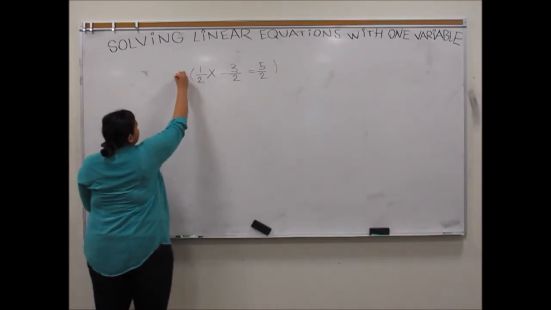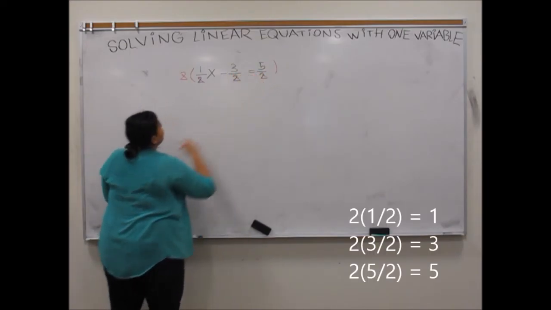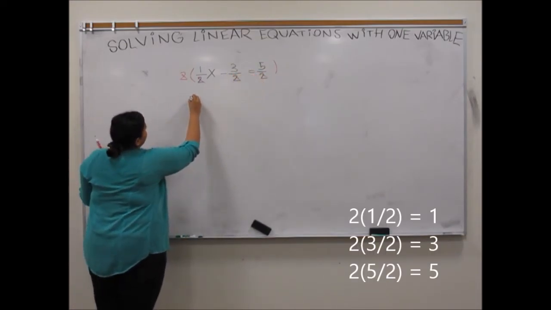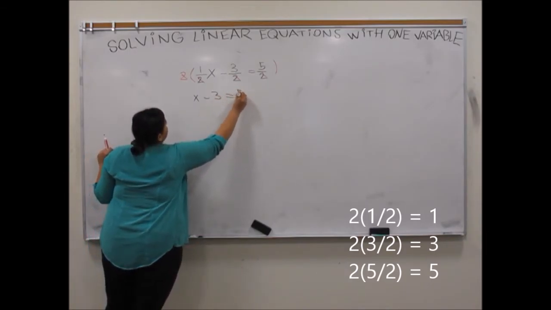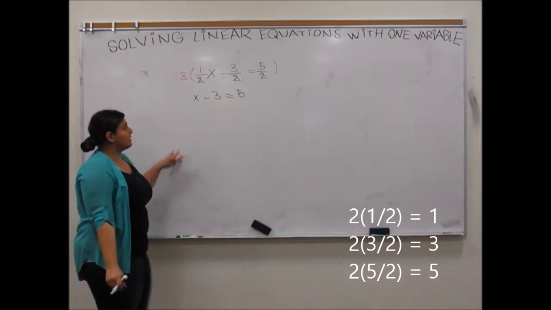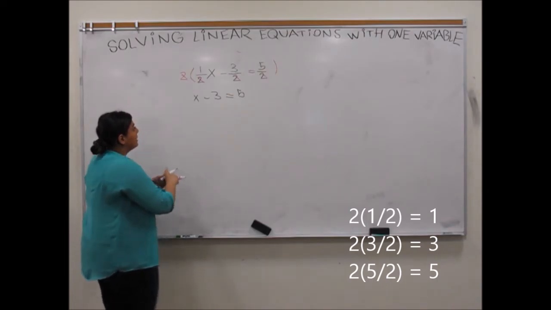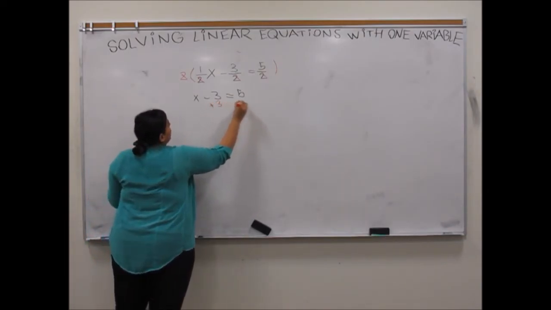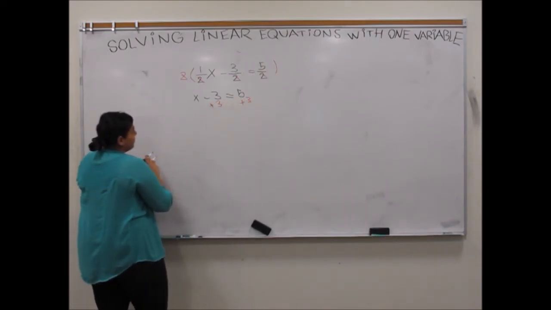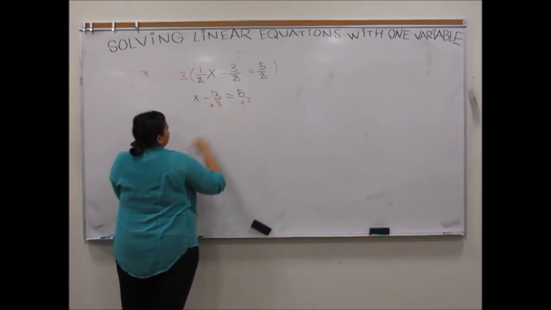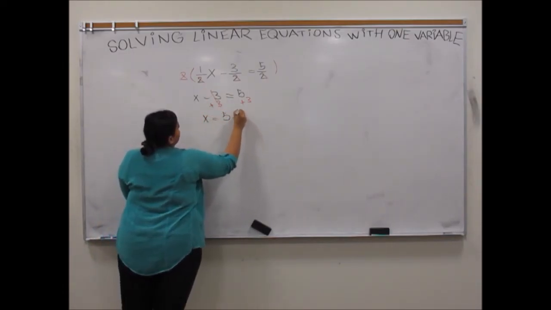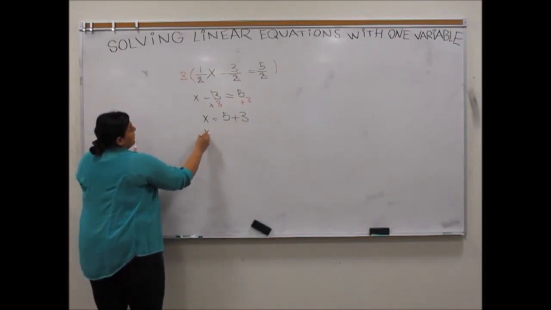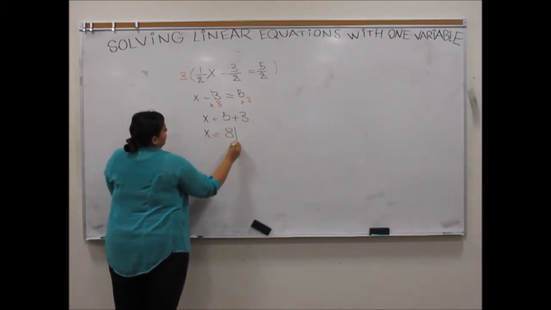These 2's will cancel each other out. So I have x minus 3 equals 5. The rest is just basic. I'm going to do plus 3 for both sides in order to get rid of that. So I have x equals 5 plus 3, so x equals 8.